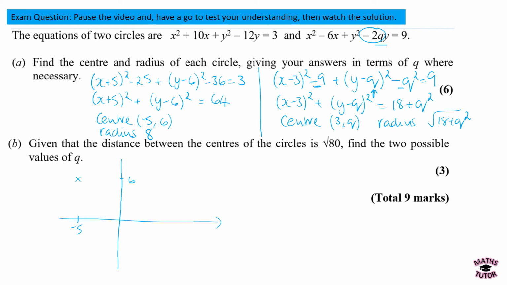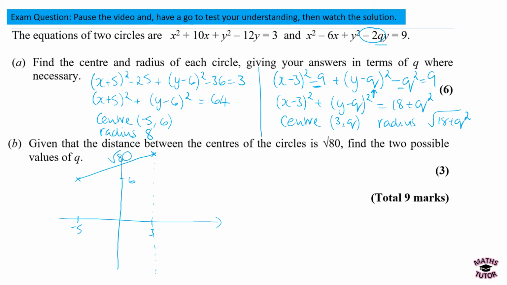The next one has centre 3 and then q up. So we don't know where the centre is going to be, but we know it is somewhere along that line there, so it could be there above or below, but we know the distance between the two is root 80.